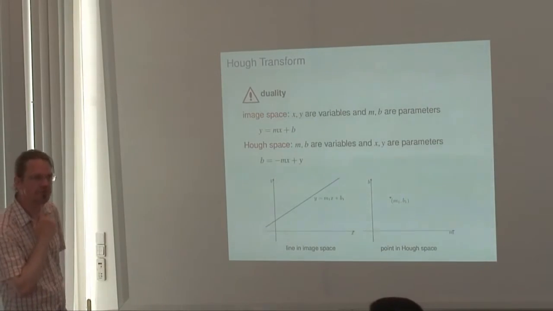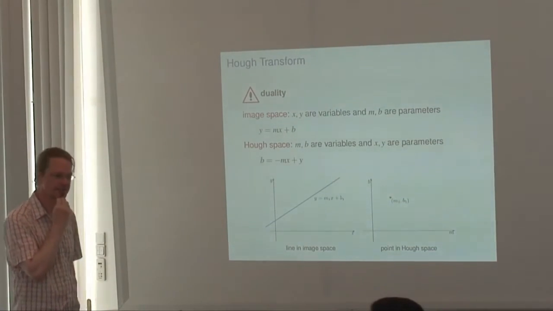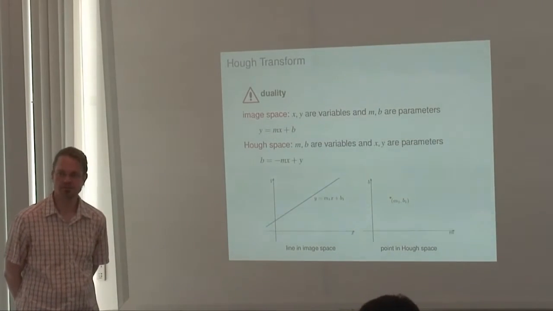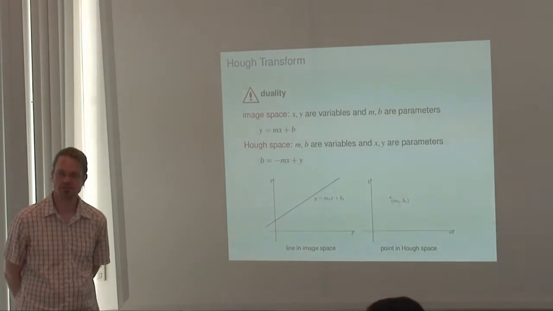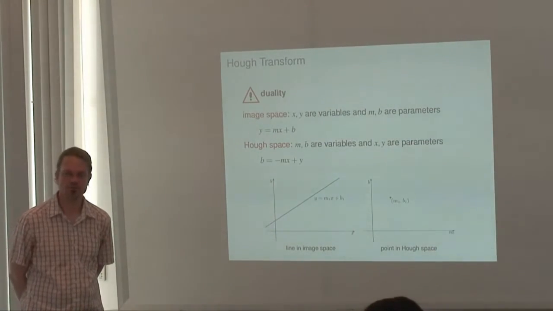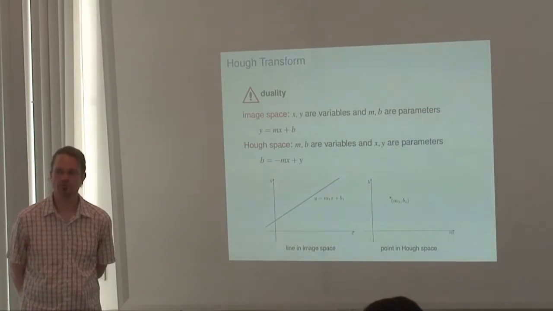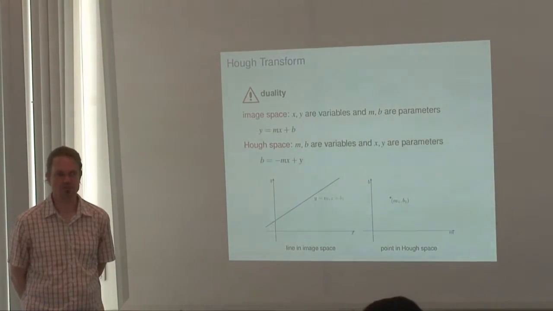Can you already imagine where this is heading? Number of votes by each line into an accumulator. Yeah, not quite yet. We'll first have to think about what this duality really means.